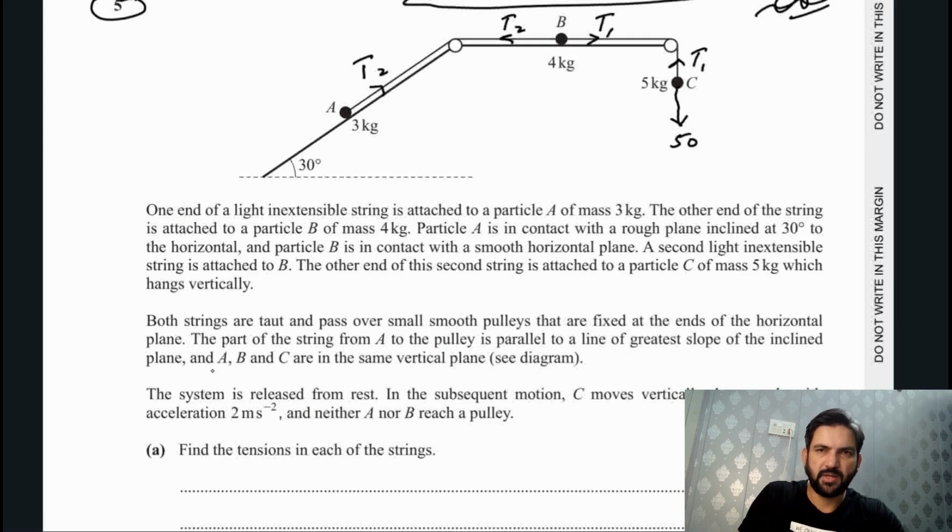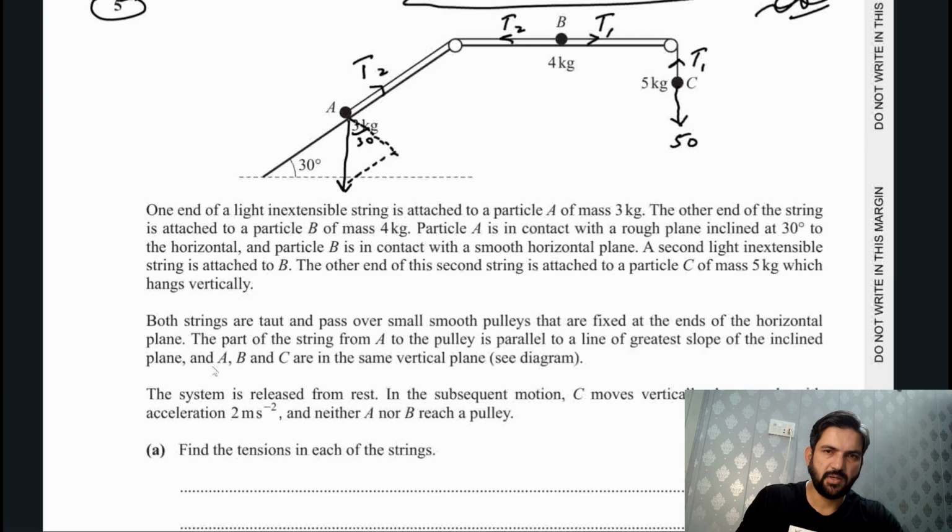We need to resolve this force into its components, parallel to the surface and perpendicular to the surface. Because this one is weight, we resolve it into the parallel and perpendicular components, and this angle is 30.